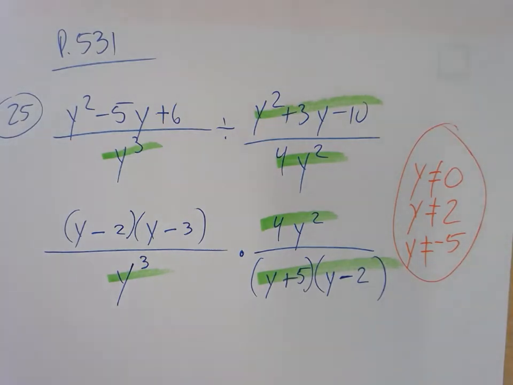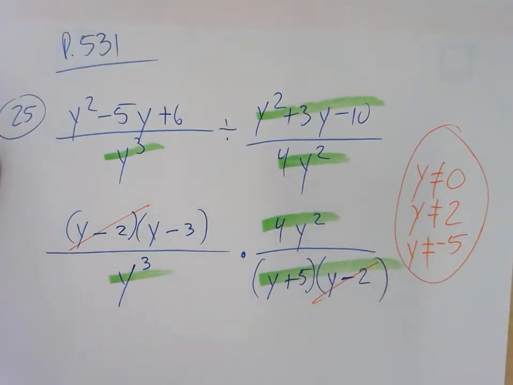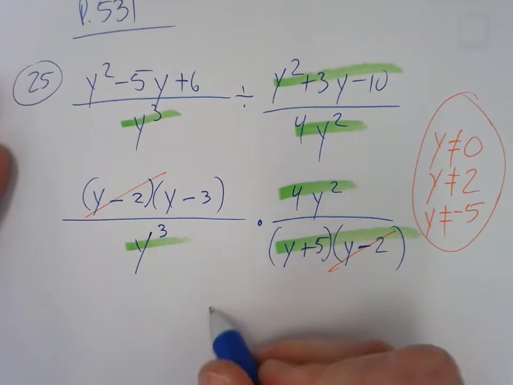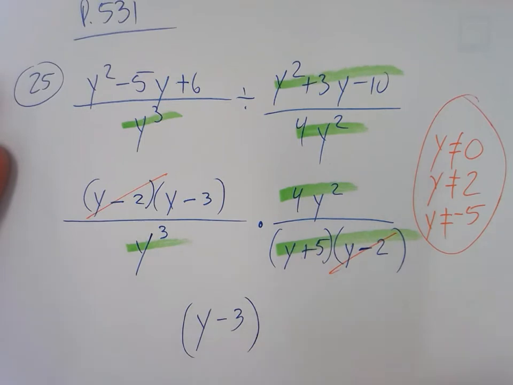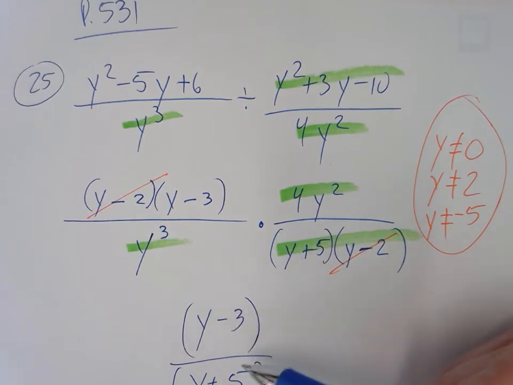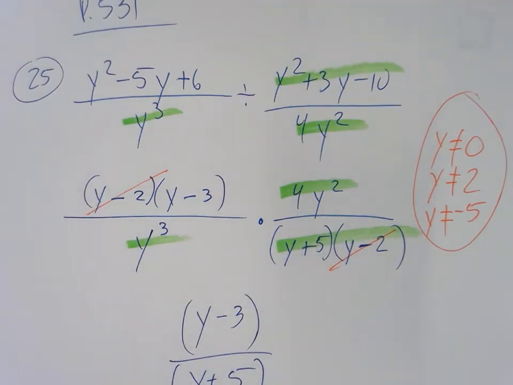Now we're going to start hacking things away. That's hackable. That stays. So I got y minus 3, that stays on the top. The y plus 5 stays on the bottom, that can't cancel out. And don't you dare try and cancel that way, because they're not like factors, and you can only cancel out factors. 4 has no partner, so it stays.